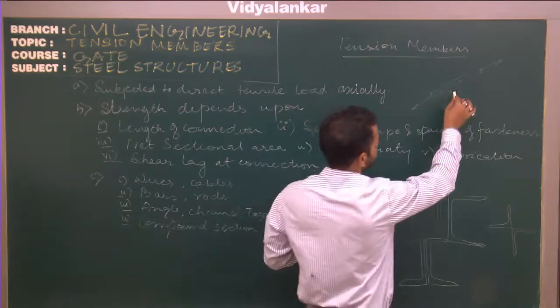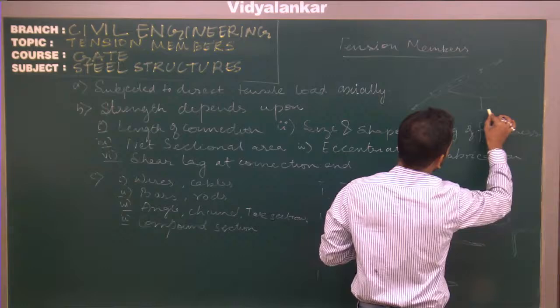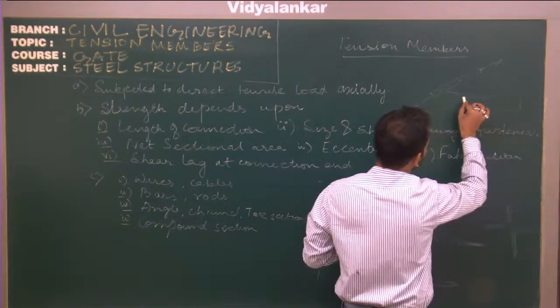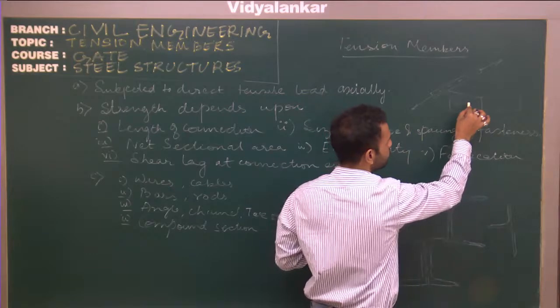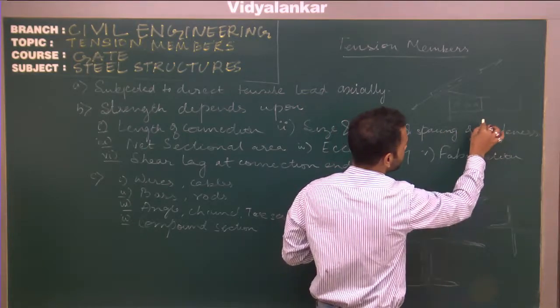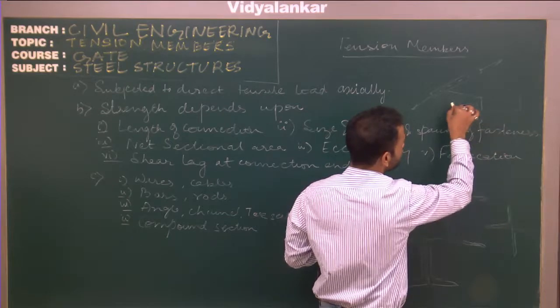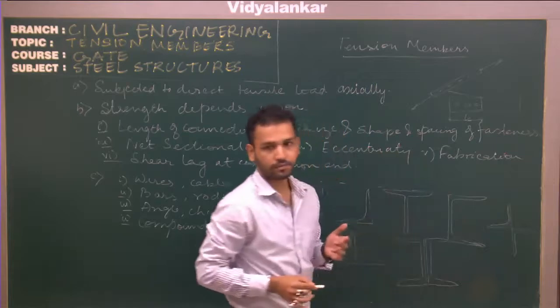Suppose this is a plate connected to another plate with the help of some bolts. This is the portion where these two plates are connected. This is known as Lc, or length of the connection.